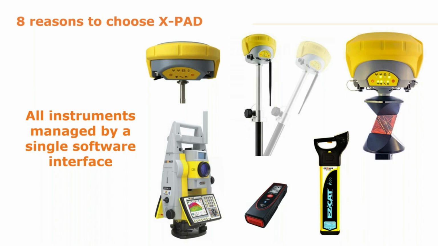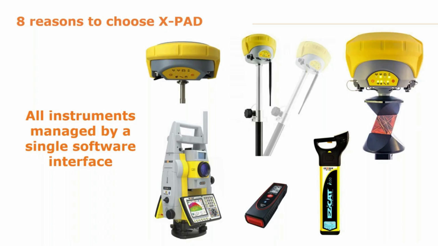We also have what we call the X-Pole. It incorporates the total station, able to take measurements with the instrument using a prism. And then you have a GPS or a GNSS receiver on top of that, and you're able to take measurements with the GNSS receiver or with the total station.